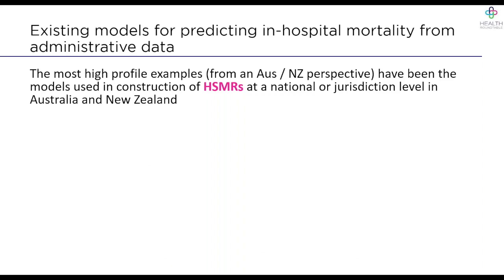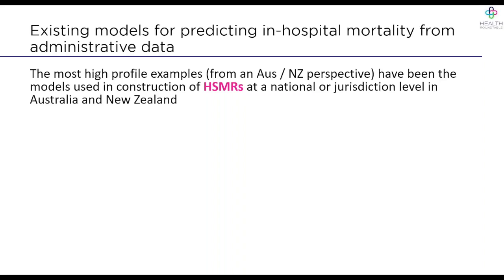So first I just want to review some of the existing models before I talk about some of the innovations that we've developed for our new modelling. So the most prominent models in Australia have come out of this reporting environment. So they tend to be the ones where people have generated hospital standardised mortality ratios either at a national level or at a jurisdiction level in Australia and New Zealand.